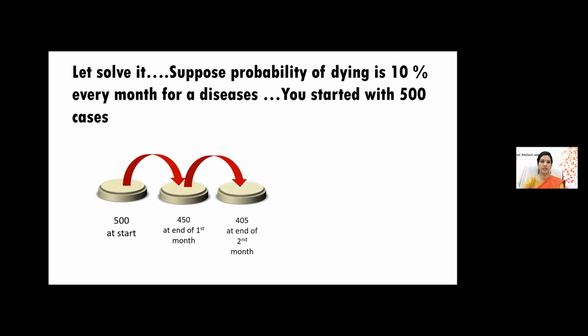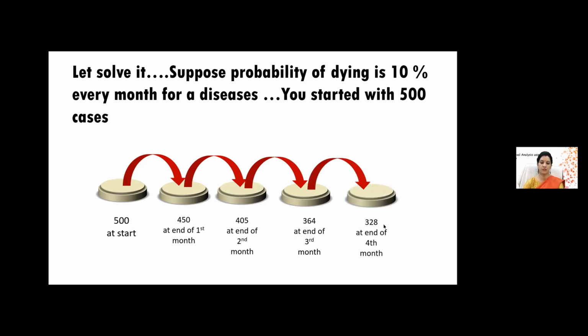Then at the end of the second month, obviously again 45 will go. This is just the 10%. So 10% of 450 will be 45. So remaining at the end of the second month will be 405. So 405 people survived at the end of the second month. At the end of the third month, if you take the 10% of this, 364 will survive.